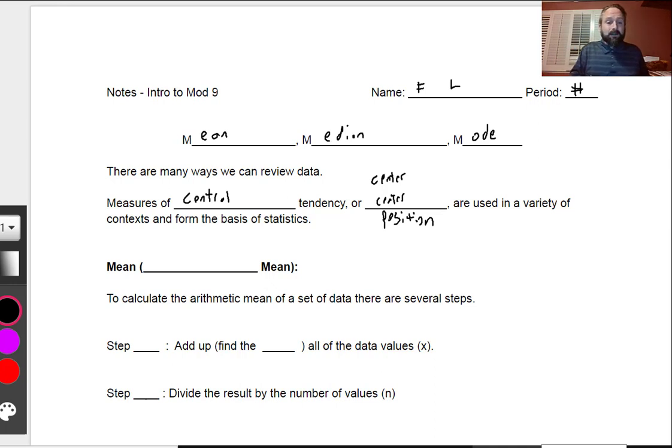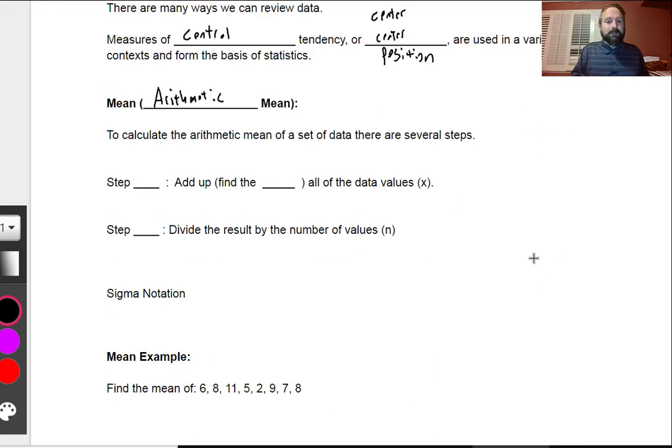So, mean, also known as arithmetic mean. To calculate the arithmetic mean of a set of data, there are several steps. First, we're going to add up all of the data values, x, to find the sum.